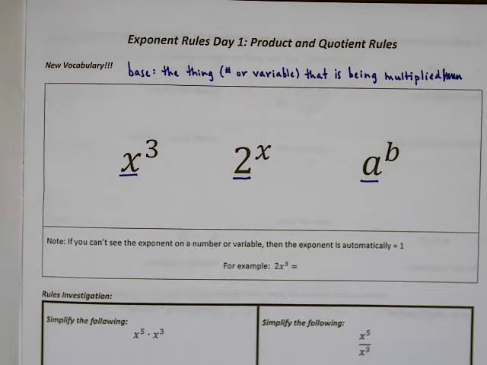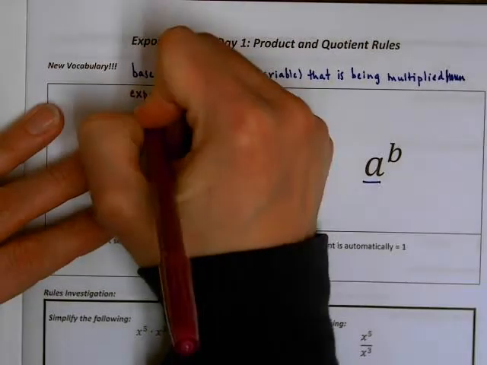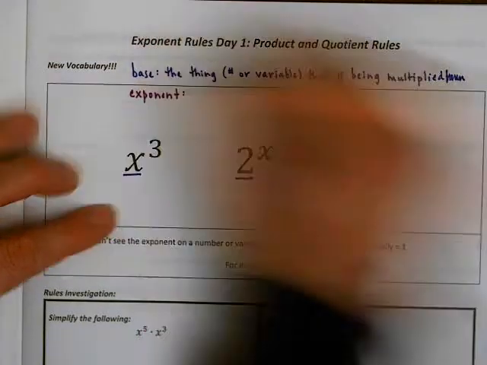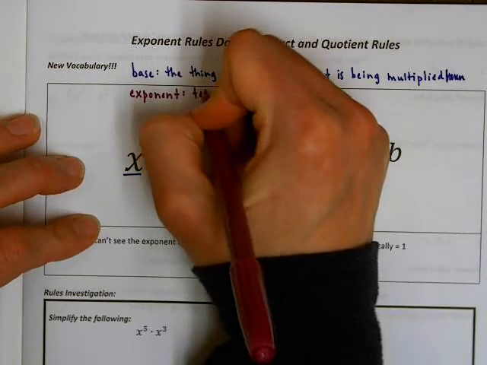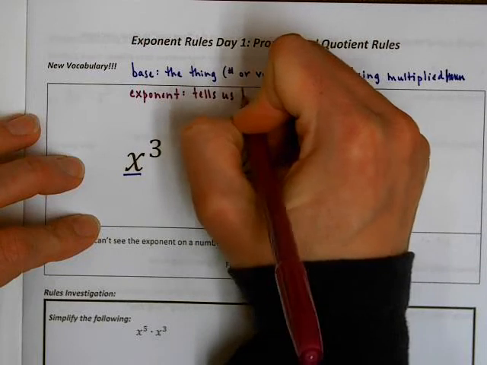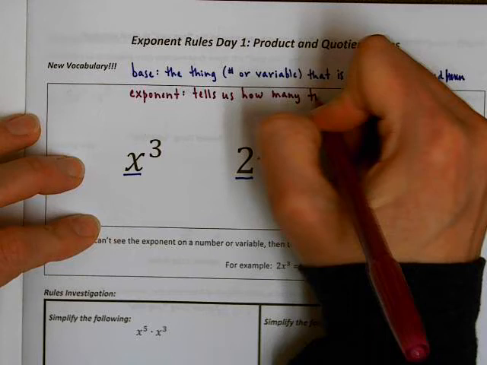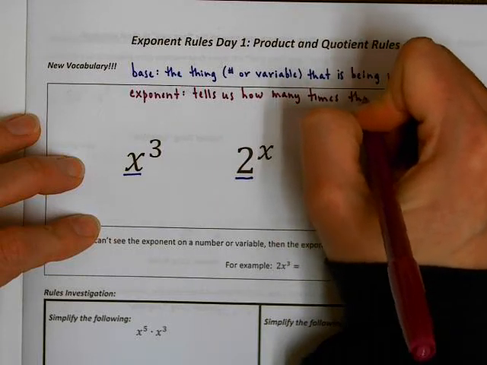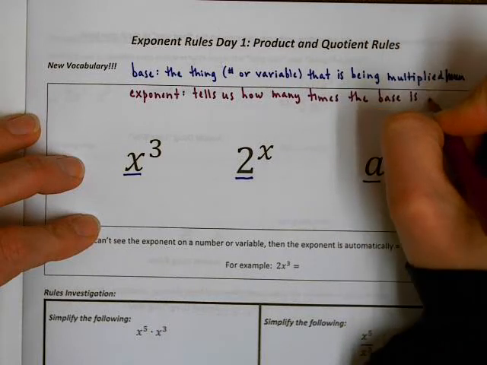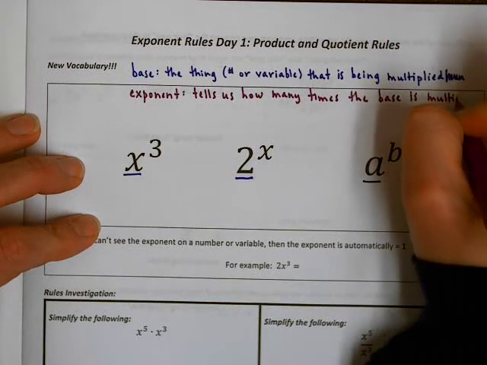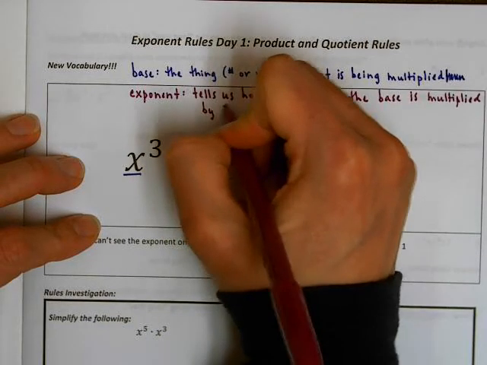Now, the second word is the exponent. The exponent tells us how many times the base is multiplied by itself.